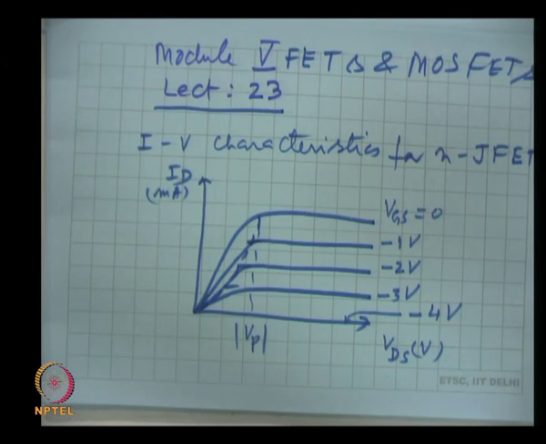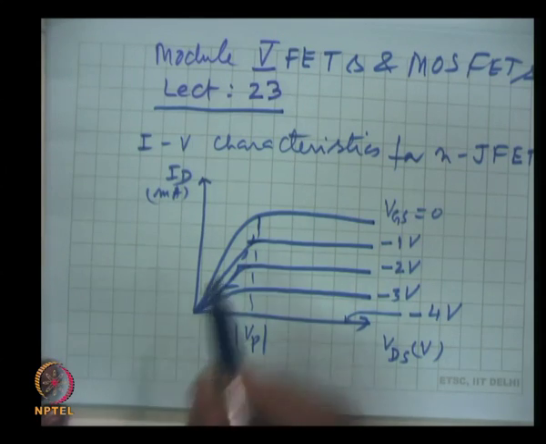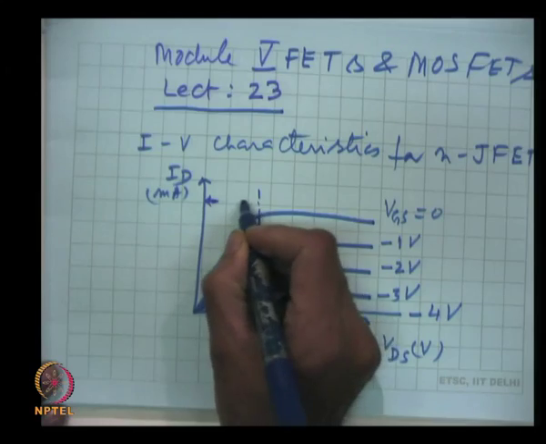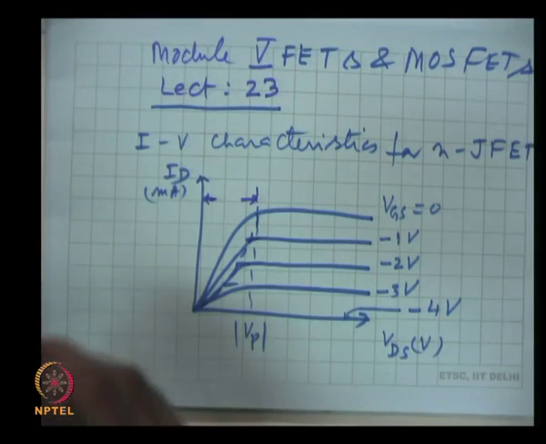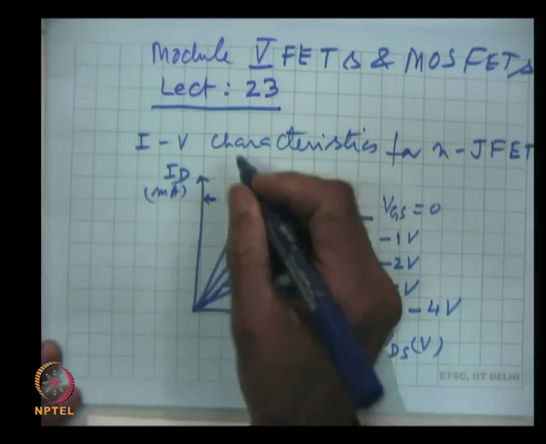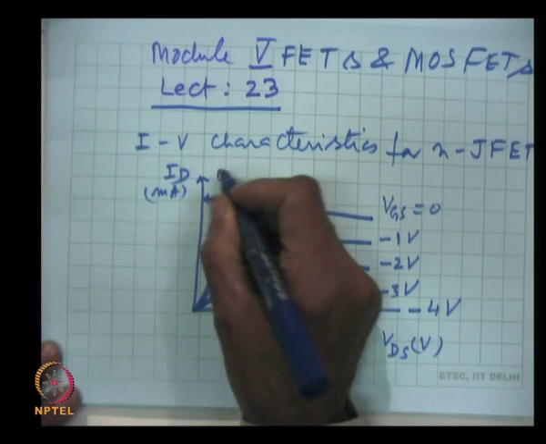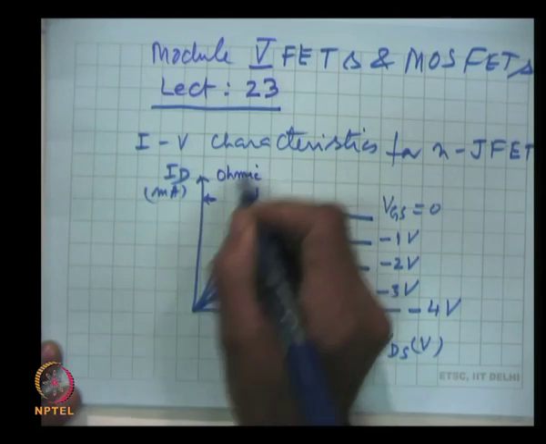These IV characteristics, the drain characteristics of the junction field effect transistor, can be divided into 3 different regions. One is this region, from here to here, this is the Ohmic region.